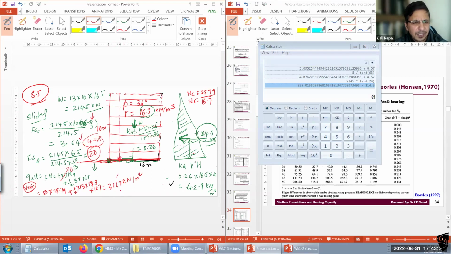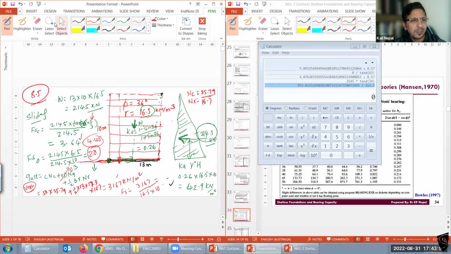So the factor of safety must be equal to the ultimate pressure, 3167, divided by the given pressure, which is gamma D. How much did you get? 16.5 times what's the height? 10 meters, right? That's the pressure. You can directly calculate the overburden pressure at this point.